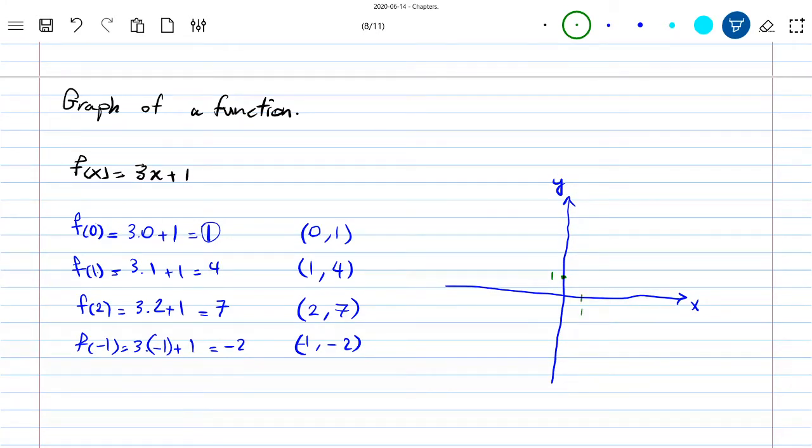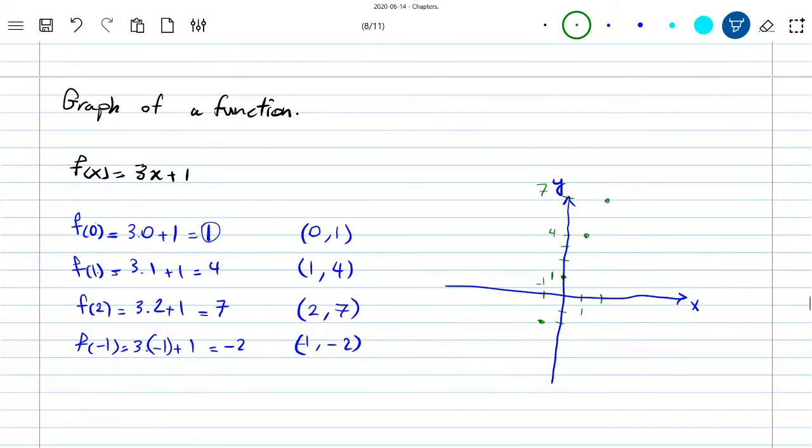Here's 1 for x. 1, 2, 3, 4. Here, 4. That's another point. If I pick, let's say, negative 1 and negative 2. Here's negative 1. Where is negative 2? That is negative 2. That's another point. If you draw 2 and 7, maybe somewhere here, 7, that's another point.